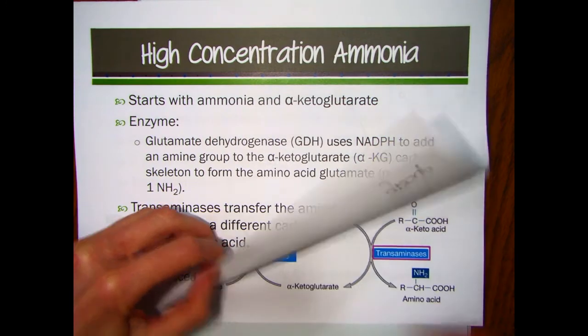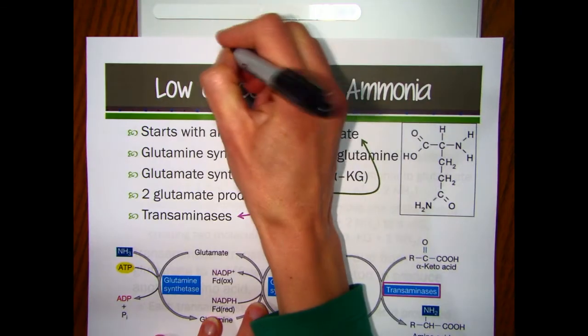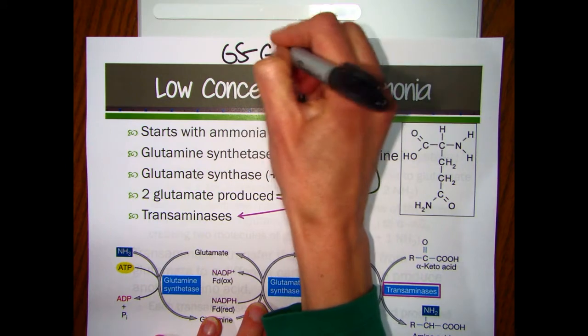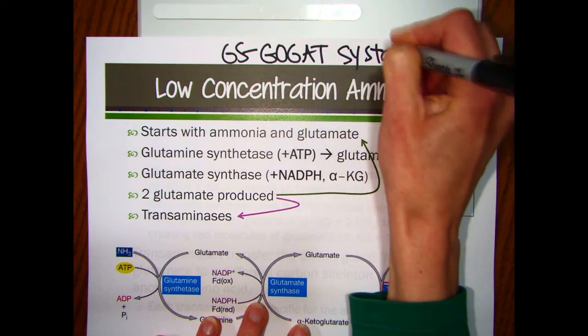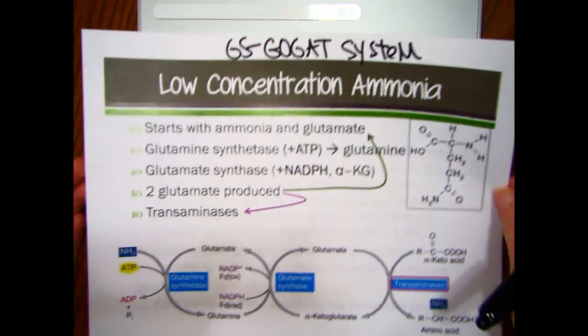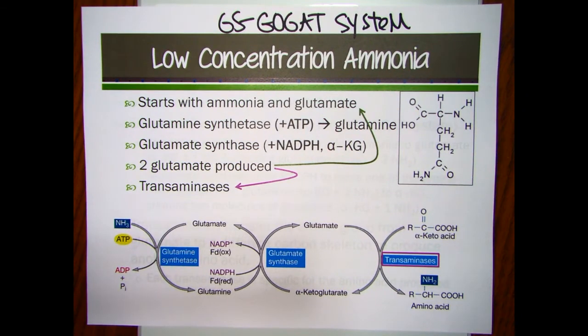So there will be some times when there is not enough ammonia for the glutamate dehydrogenase reductive amination to work, and then the bacteria will do the low concentration ammonia pathway, which again is called the GS-GOGAT system. And you'll find this specifically mentioned in several different organisms, bacteria, fungi, plants, some animals.